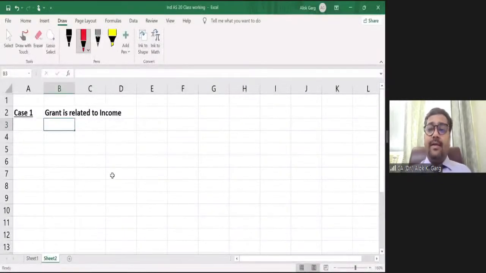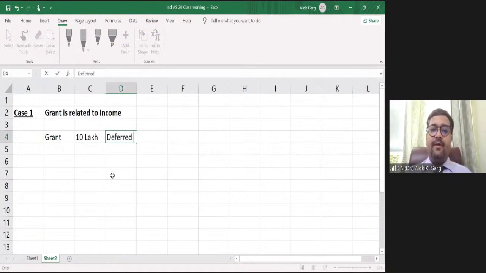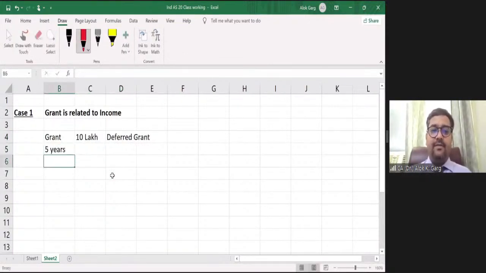So if the grant is related to income, for example, the government has given a grant related to expense, and the value of the grant is 10 lakh rupees. Okay. So this is a deferred grant, and this grant is for 5 years.